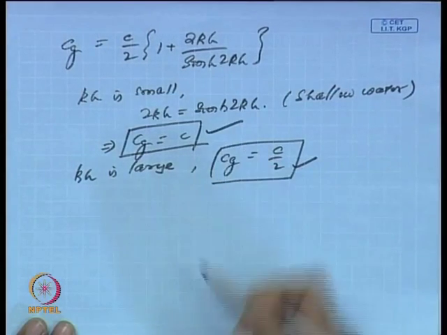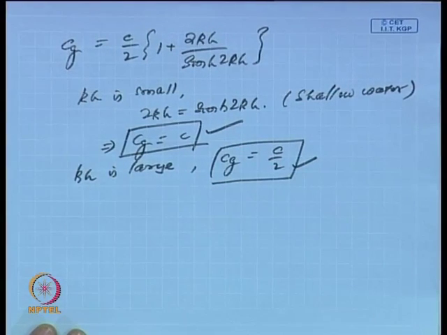The speed of propagation of the individual wave is the same as the rate at which the wave energy propagates. Now this is another interesting result which we can use at a later stage.